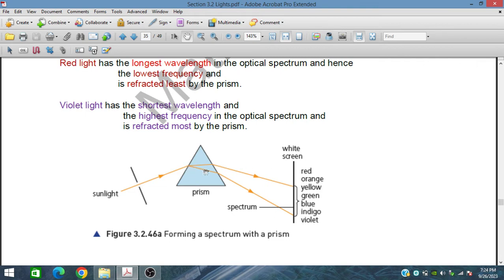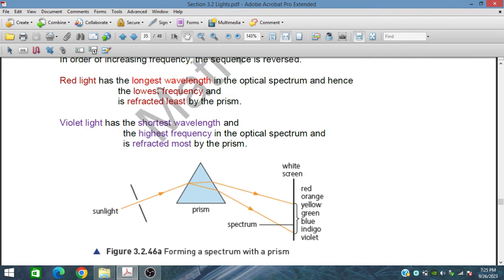This is refracted more and this is least. So red light is refracted least while violet light is refracted most. This is a very important point.